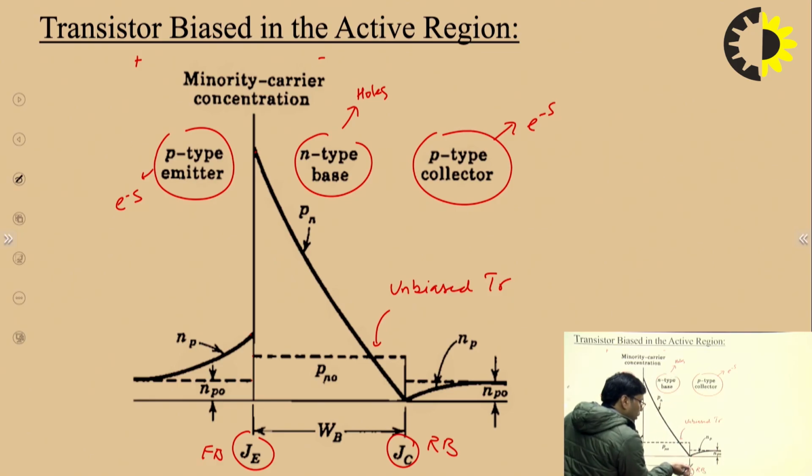Here at this terminal we take the concentration as low because at this junction recombination happens between holes and electrons. So this is the minority carrier concentration diagram we need to understand for a BJT in the active region. Why are we taking the concentration as high as possible in the case of the base? Because the base is a very lightly doped region, and that's why the minority carrier concentration will be high as compared to the emitter and collector.